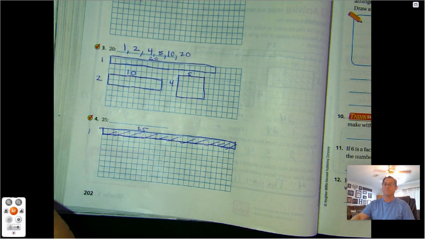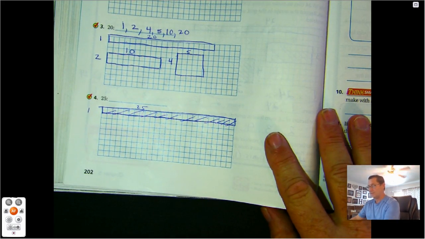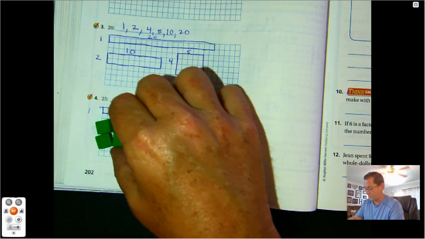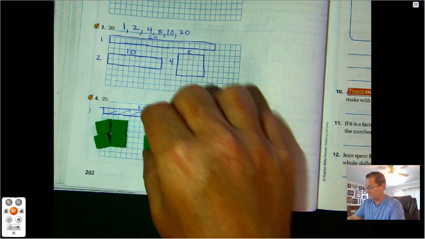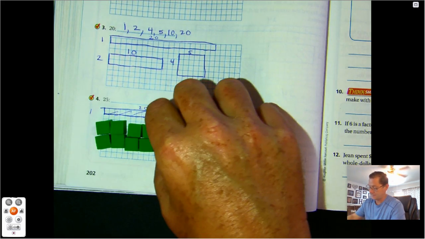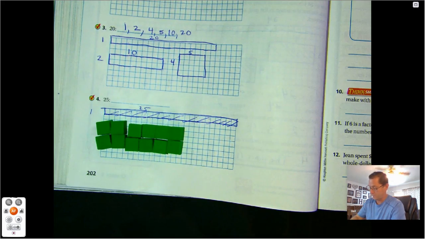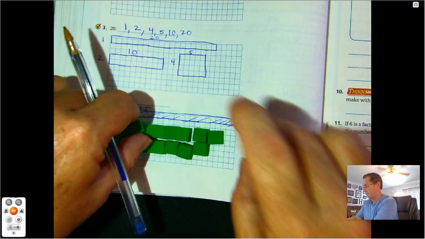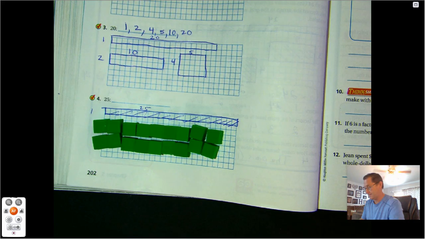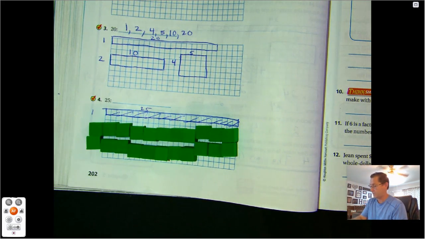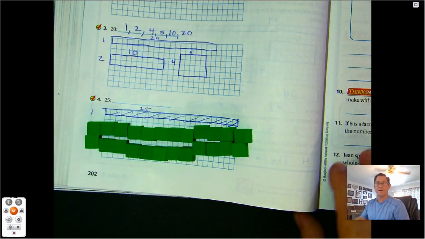So let's see. 2, 4, 6, 8, 10, 12, 14, 16, 18, 20, 22, 24. So I got 24 and I have 1 left over. So 2 is not a factor.